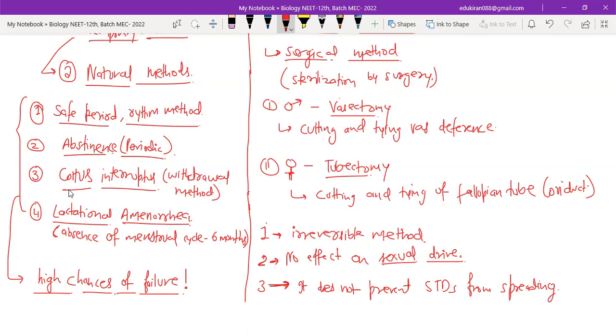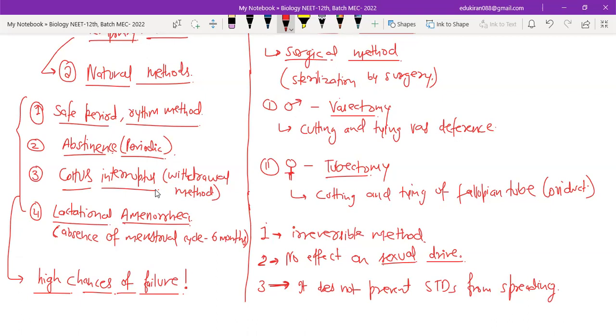Coitus interruptus, the question comes in boards, why does coitus interruptus have high chances of failure? If a male partner withdraws the penis just before ejaculation, then isn't it fair enough to say that no sperm entered? No. Why? Because remember I told you that the bulbourethral gland starts secreting the earliest, even after the sexual stimulation, much before ejaculation is happening.